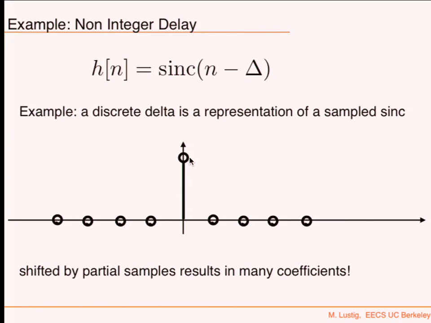Doesn't this blow your mind? Whatever was a delta, now it's a sinc. There's no Dirac function anymore. It's a sinc function whose zero crossings you are always sampling. But it kind of makes sense because we're dealing with band-limited signals, because we sample anyway.